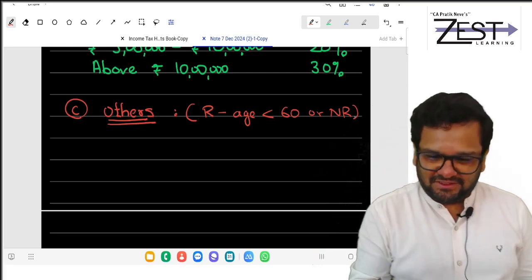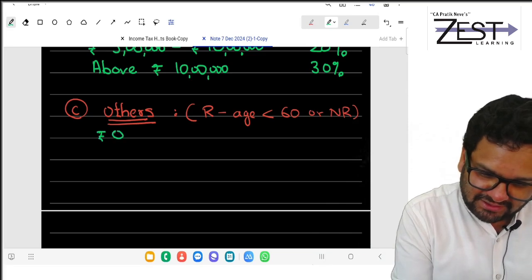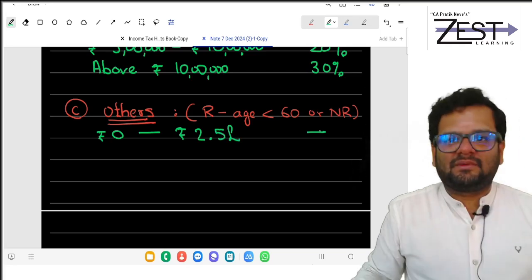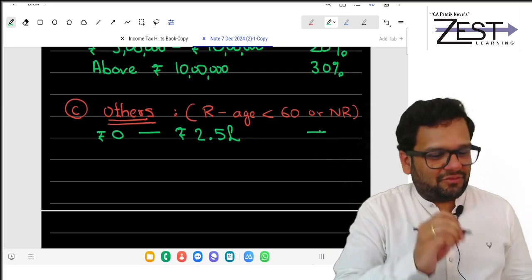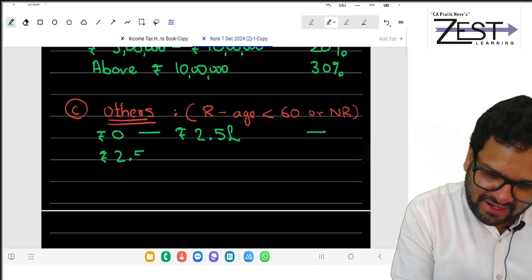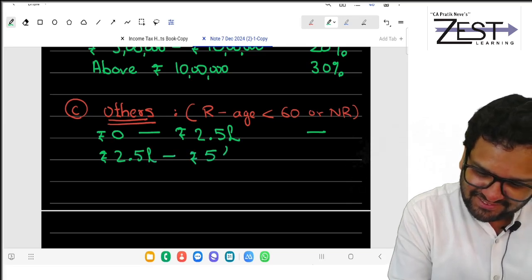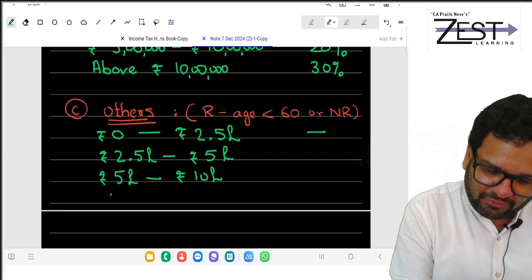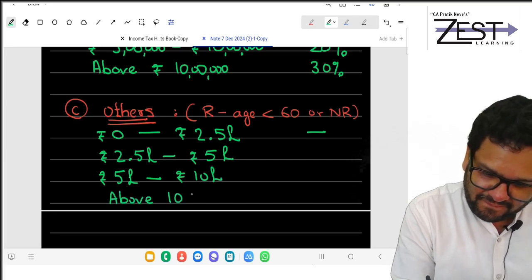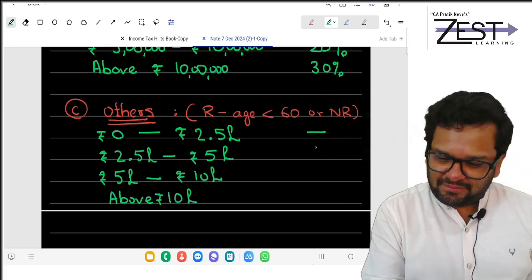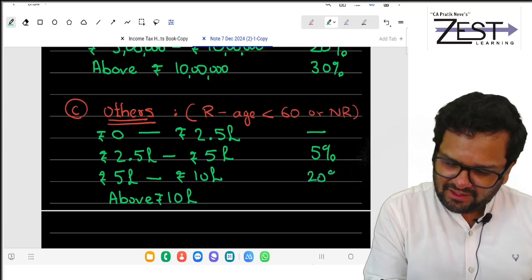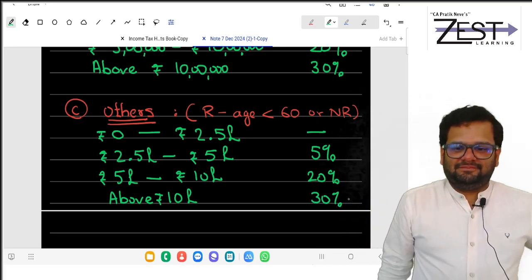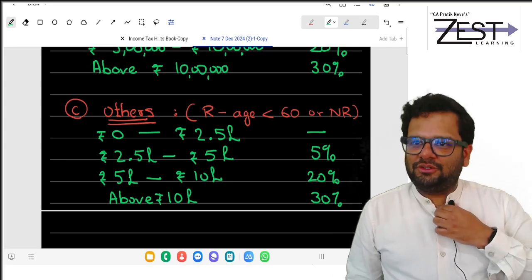That is the meaning of others. 0 to 2.5 lakhs, no tax. 2.5 lakhs to 5 lakhs. 5 lakhs to 10 lakhs and above 10 lakhs. All of you understood? Similar slabs 5, 20 and 30. Clear? So far, so good.